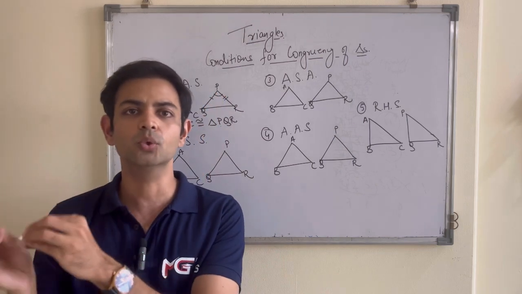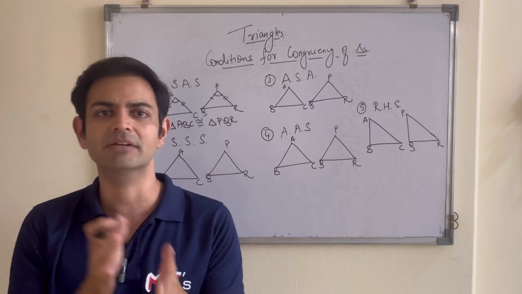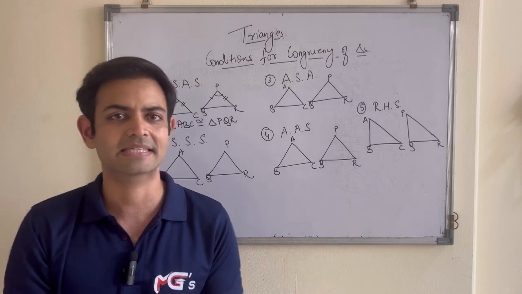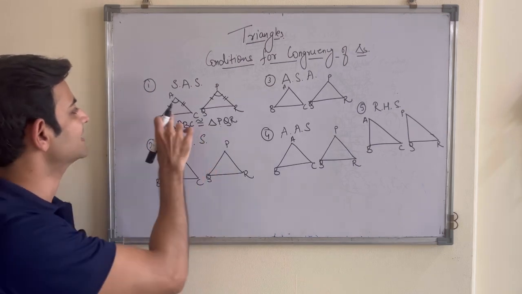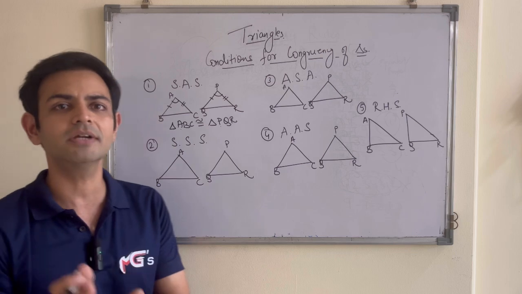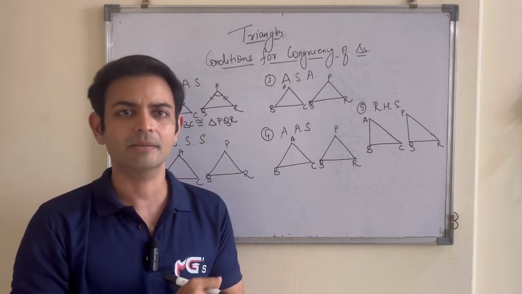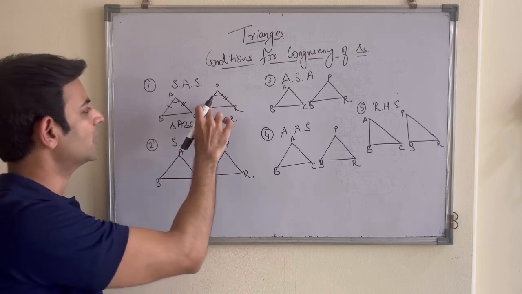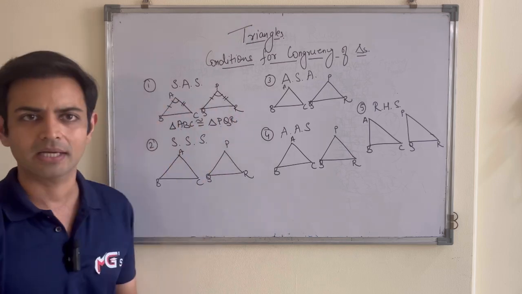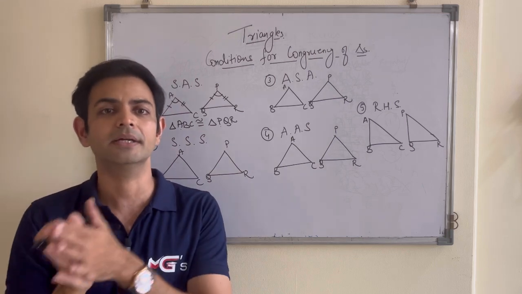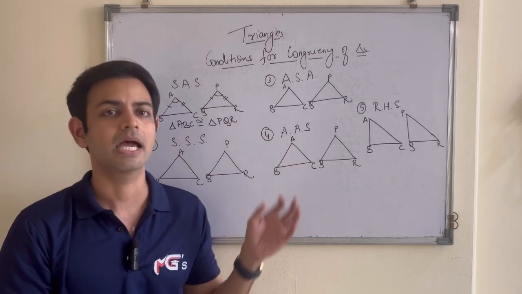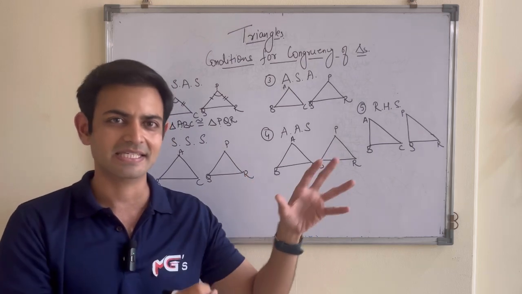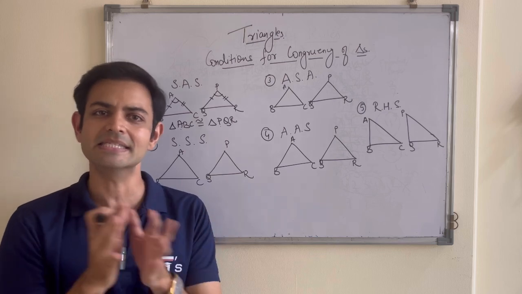Now we used the three given things which were already given to us. Based on this congruency, we can prove the remaining three parts. For example, the remaining side, that is BC is equal to QR. It was not given to us, but after congruency, we can prove that BC is equal to QR, angle B is equal to angle Q, and angle C is equal to angle R. These three conditions that we derived after proving congruency, we term as CPCTC in ICSE and CPCT in CBSE.